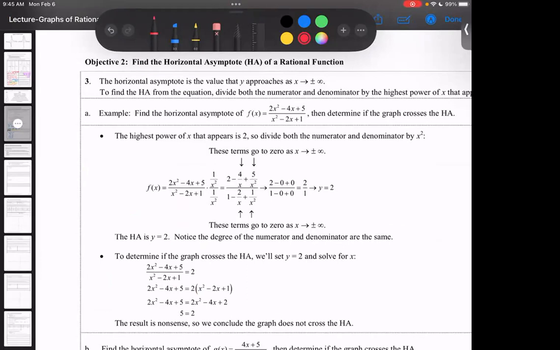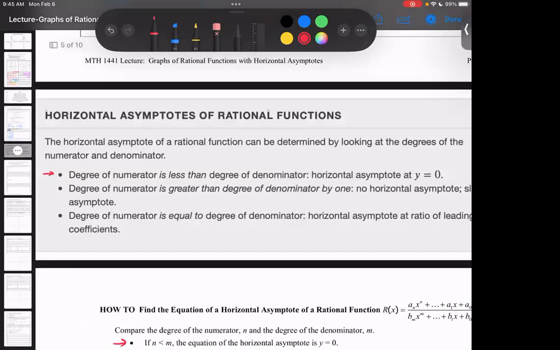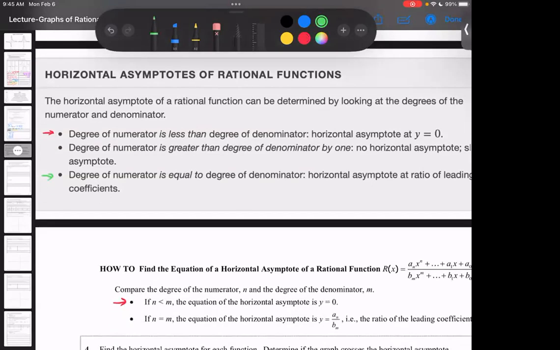Leading coefficient of the top will be 2. Leading coefficient of the bottom will be 1, right? So 2/1, which is 2. You can just divide the leading term of the numerator by the denominator. So like that.